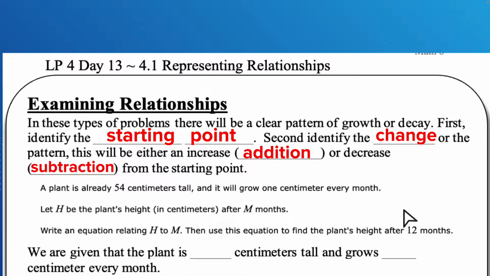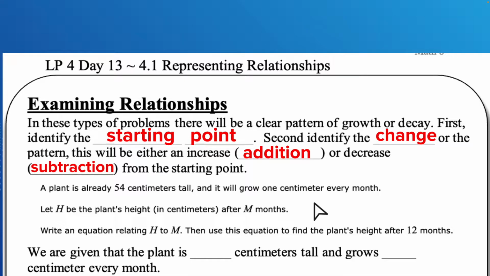Well, if we go back and read that very first sentence, that's most of the problem, actually. A plant is already 54 centimeters tall. It will grow 1 centimeter every month. So we can picture that in our heads. I can picture a plant, whatever plant I'm picturing, and it's so tall already. It's 54 centimeters tall, which is not super tall, but it's going to grow 1 centimeter every single month.